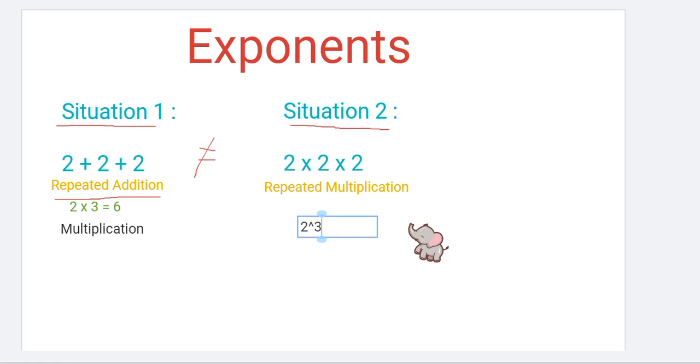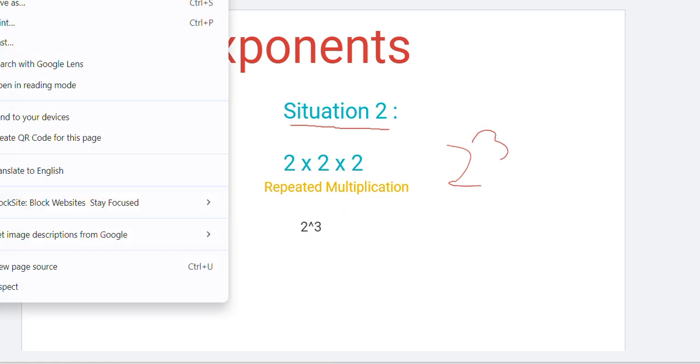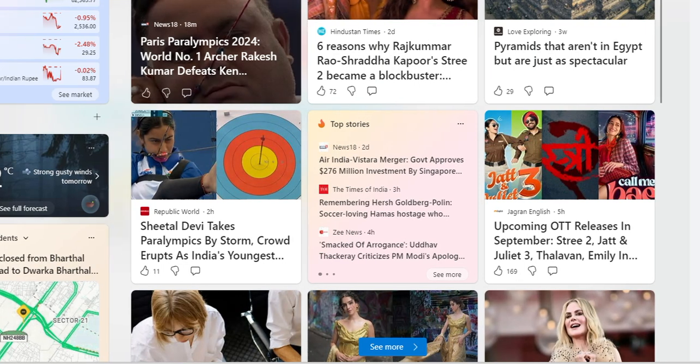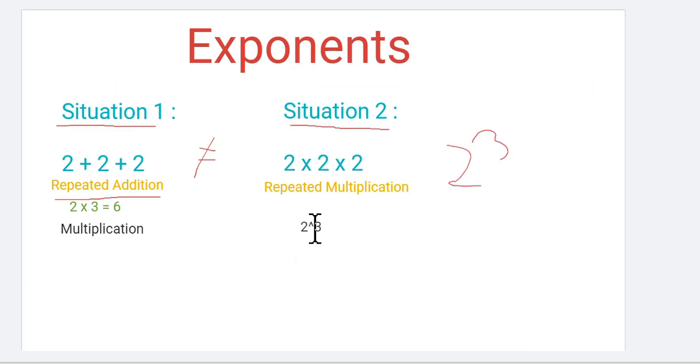Now when we're writing it in our notebooks using a pen, we'll write it as 2 to the power 3 like this. But in this I cannot write it like that, so I'm writing it like this. 2 to the power 3. Okay. Now 2 to the power 3 is not equal to 6.